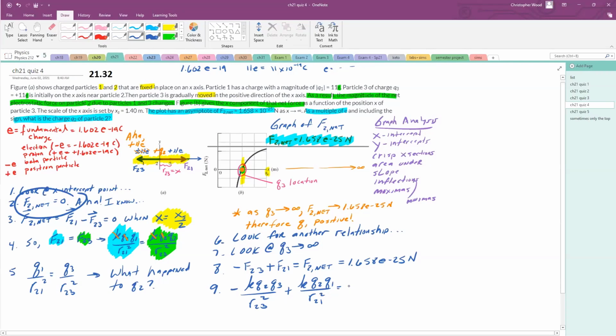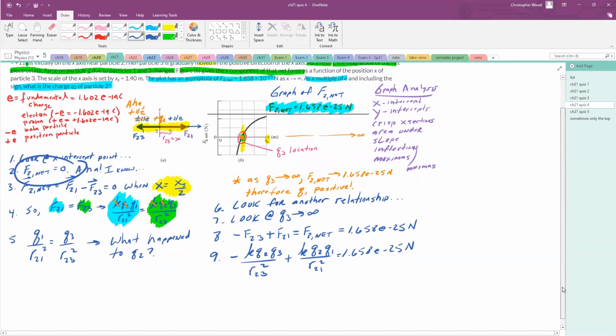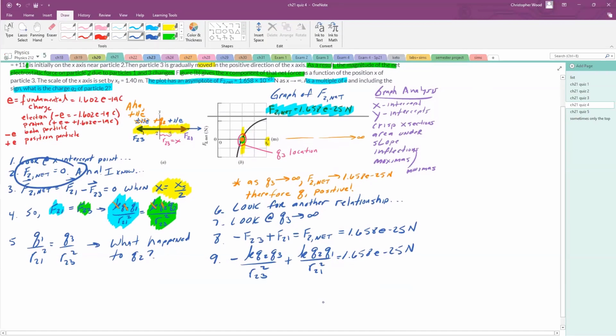And I do have a number on that: 1.658 E minus 25 newtons. Okay, so I think I can get Q2 out of this. Let's keep going and get Q2 out of all of this.